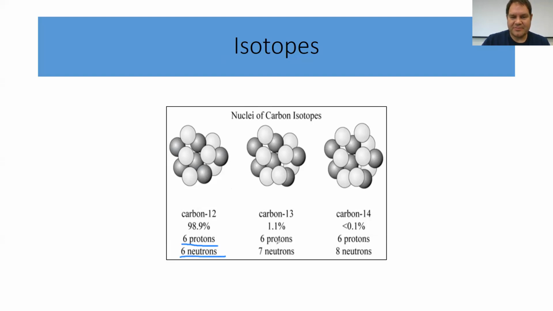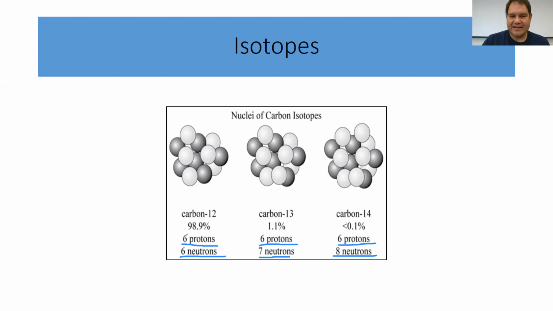This isotope of carbon has 6 protons, which it should because it is an isotope of carbon, but it has 7 neutrons, and the last one, 6 protons and 8 neutrons. So all 3 of these nuclei represent the element carbon, or are carbon atoms, because they have 6 protons each. But they are isotopes. All 3 are isotopes of the element carbon because they have different numbers of neutrons in their nuclei.